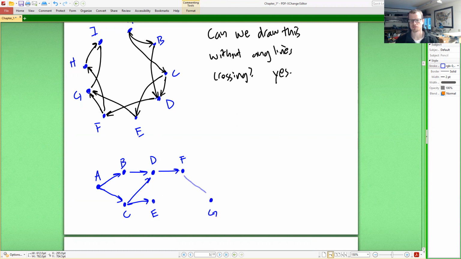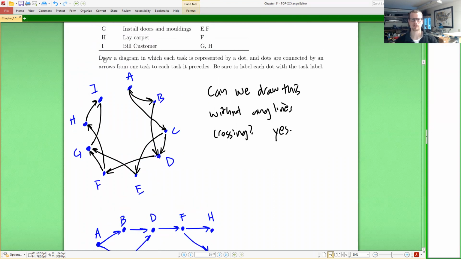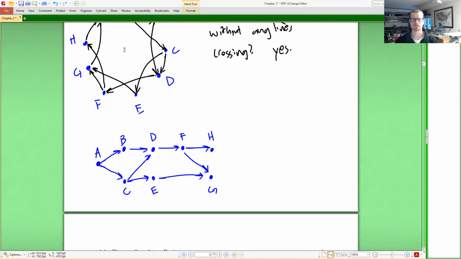G is preceded by F and E. And H is preceded by F. And then finally, I is preceded by H and G.